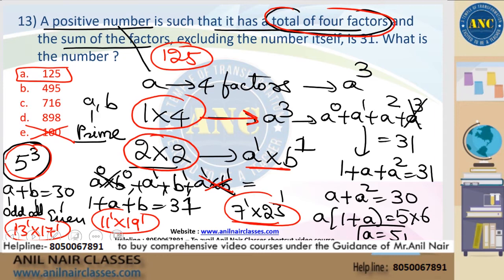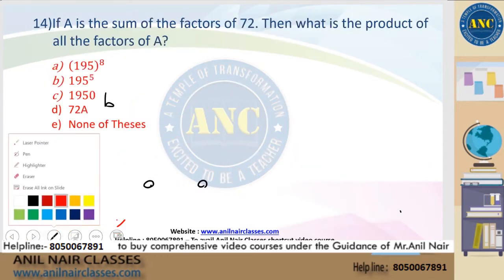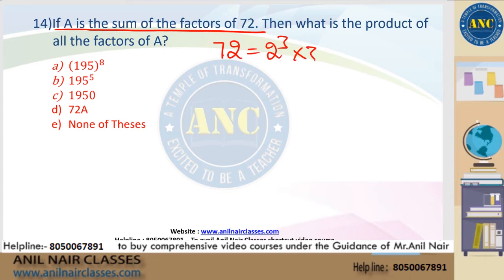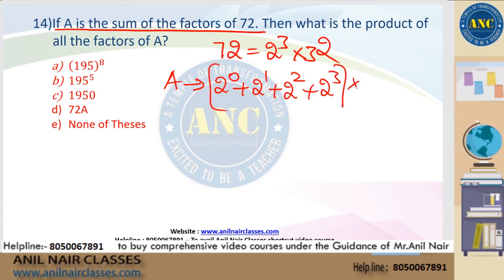Now, next one. If A is the sum of the factors of 72, 72 is 2 cube into 3 square. The sum of the factors is 2 power 0, 2 power 1, 2 square, 2 cube, into 3 power 0, 3 power 1, 3 power 2.